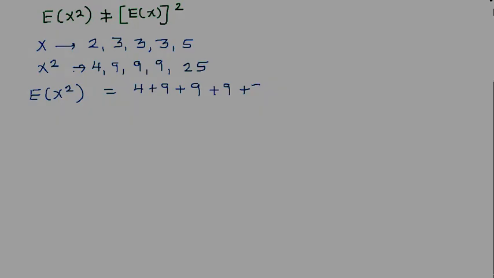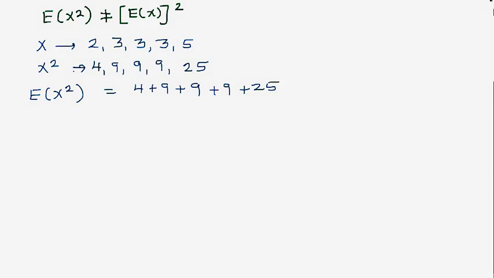So the expected value of x squared is basically the mean of x squared. It is 4 plus 9 plus 9 plus 9 plus 25 on 5. I'm going to apply the same principle.